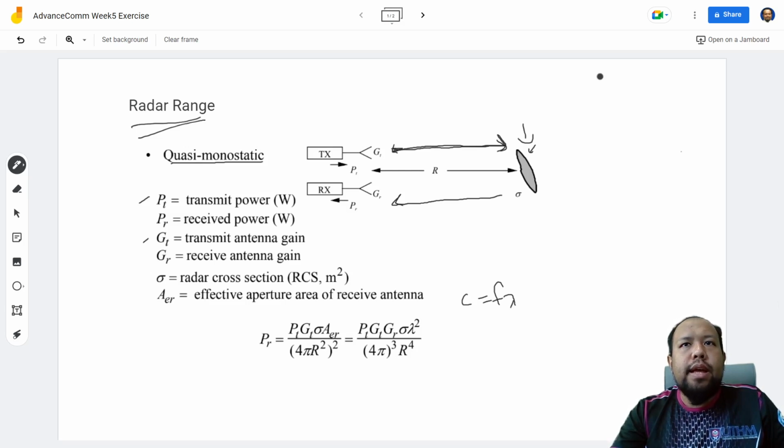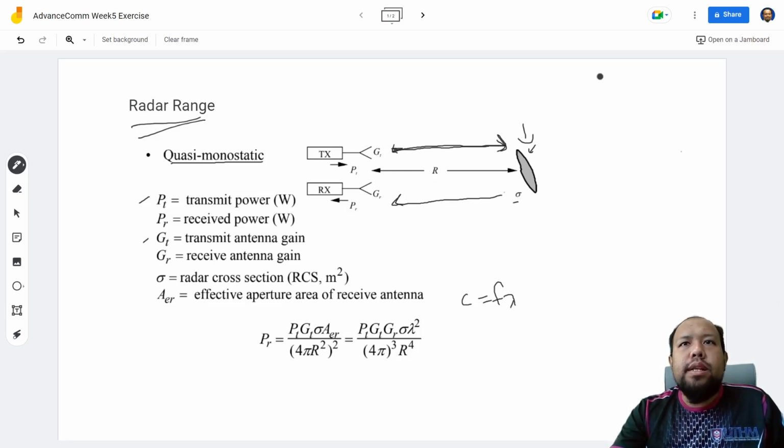On the object we have sigma. Sigma is the radar cross section, which generally describes how much of the signal is reflected from the object. If the object is large, we have a higher sigma. If the object is small, the sigma will be much smaller.